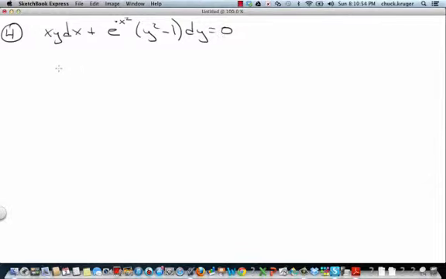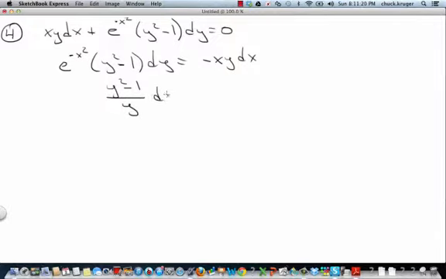And so I'm going to have e to the negative x squared times y squared minus 1 dy is equal to a negative xy dx. So that gives me y squared minus 1 over y dy is equal to a negative x over e to the negative x squared dx.